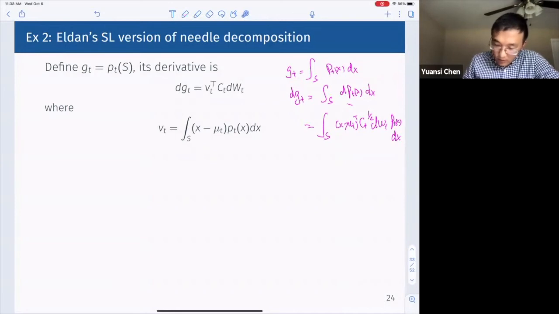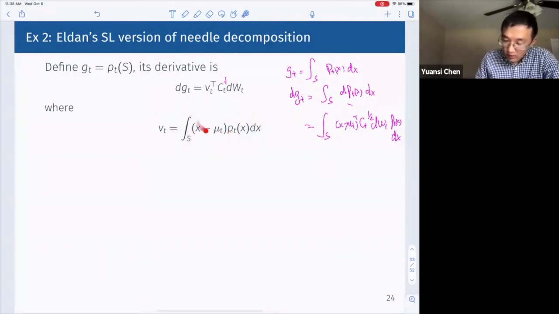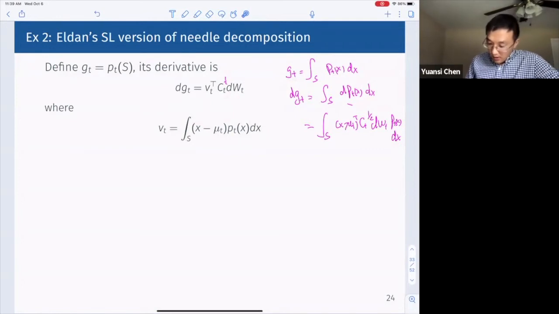You have some random direction dW_t, and then, sorry, this must be 1/2, but this does not matter. You have some kind of integral, like this is the mean of the density in the subset S. So you define this vector v_t, and it's just in this form.